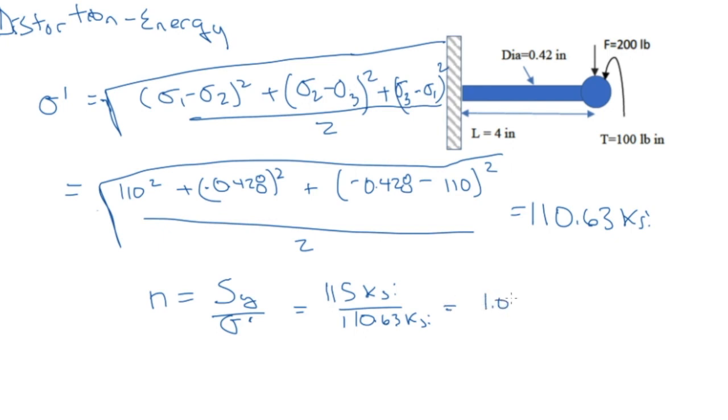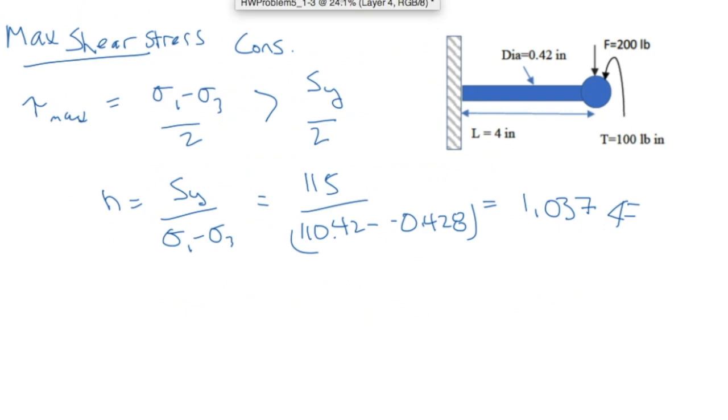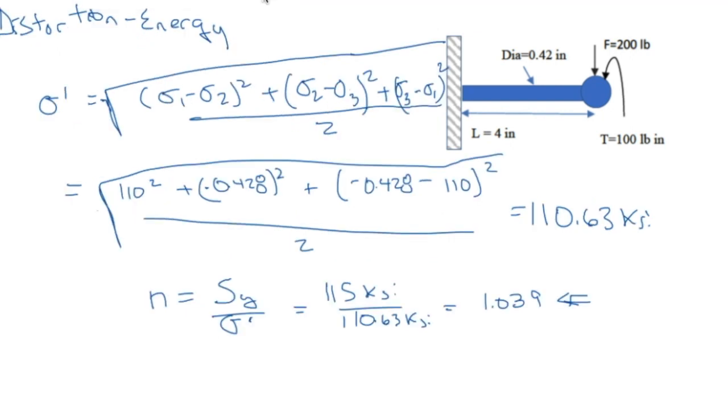And this gives us 1.39. So just a slightly higher factor of safety than the 1.37 value that we got with the max shear stress. So these are in a location where the curves are not very different at all.